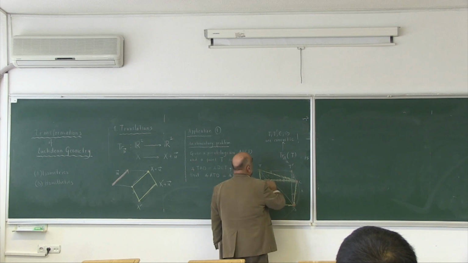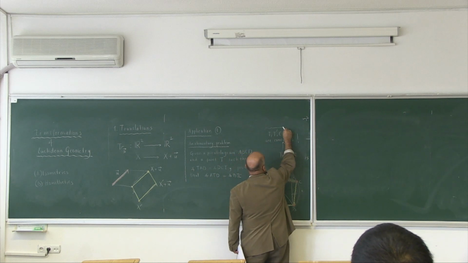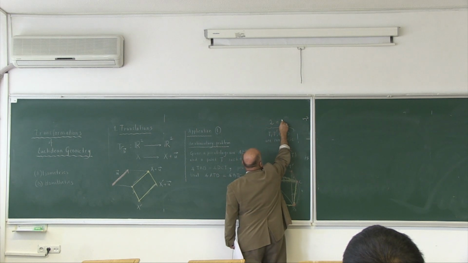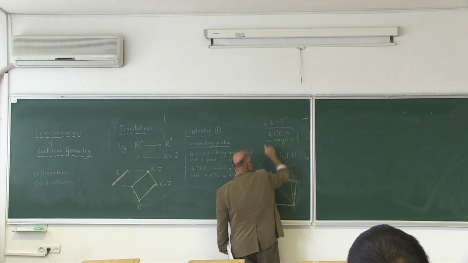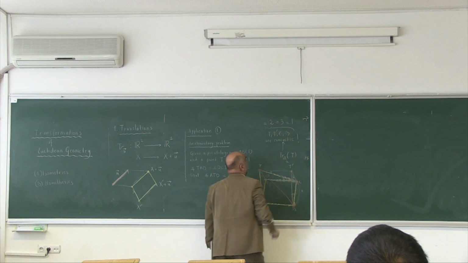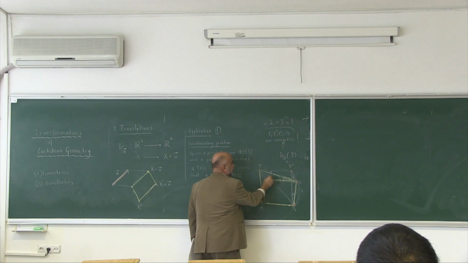Since these points are concyclic, 2 is the same as 3, and of course I know that 1 is the same as 3, so there we are, finished. So these two angles are equal.